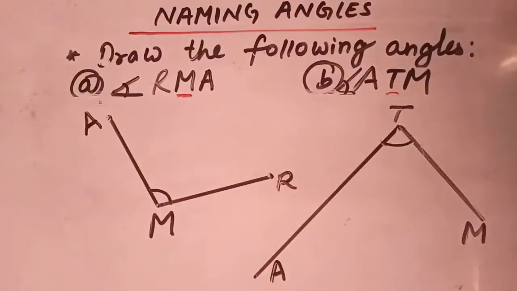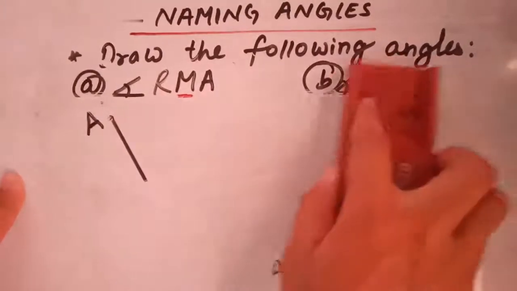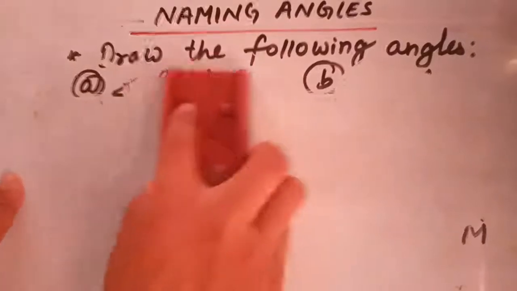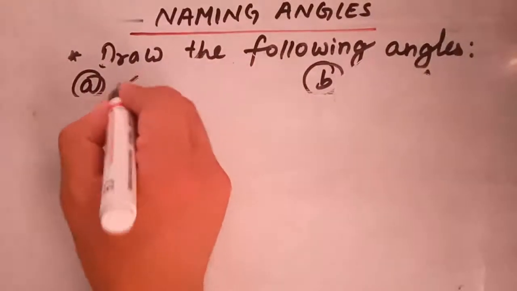Students, I hope we have understood today's class very well. Now in the next class we will learn how to measure the angles. I would like to give you some questions as your homework, so please do it at home. Let me give you homework.